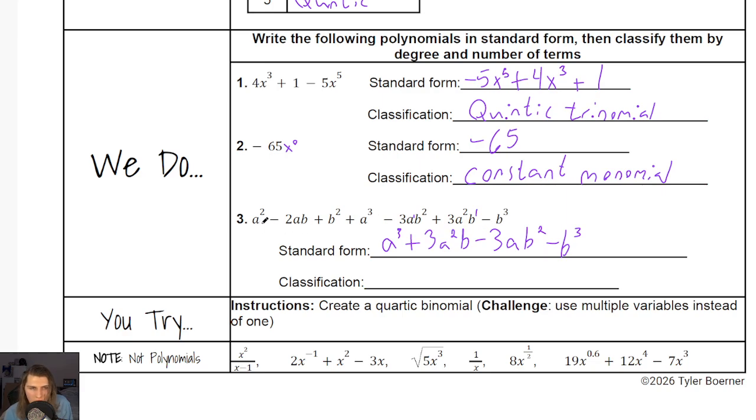We've gotten rid of all of our cubic terms, so now we're going to look at our quadratics. A squared comes first, so plus a squared. Then we have minus 2ab, because remember, we have 1 and 1, so this is also a degree of 2. We have plus 2ab, and then we have plus b squared.